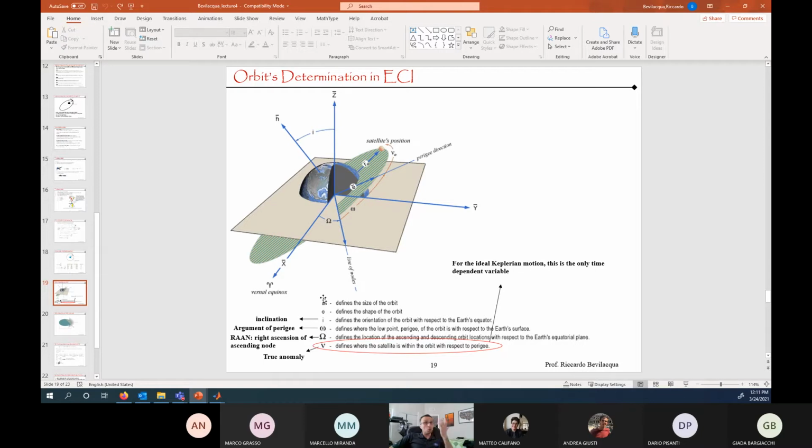A semi-major axis is what we just looked at, has to do with the size of the orbit. Eccentricity is the shape of the orbit. And then we have the three angles: inclination, argument of perigee, and right ascension of the ascending node, that tell you how the orbit is oriented in space.